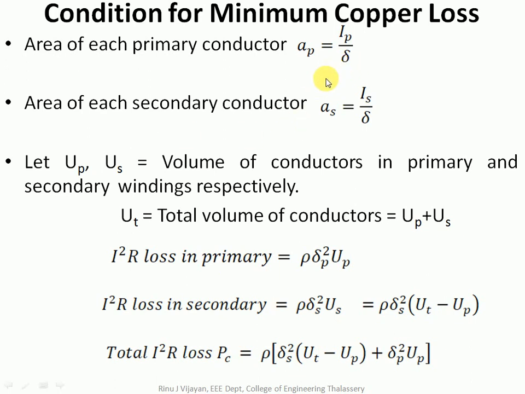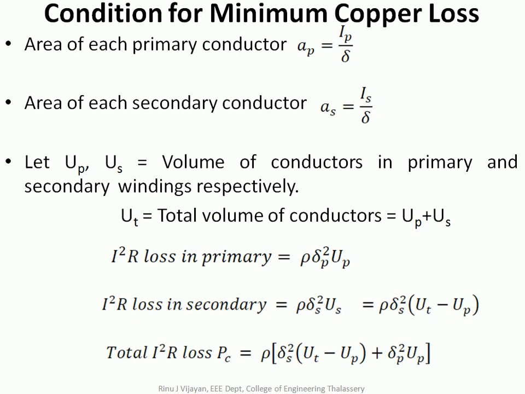When you are substituting IP as del AP, the relation gets further modified into the form del AP the whole square into R. And for that value of R, you have to substitute in terms of rho L by A. So the relation for R in the case of primary winding is rho LP divided by AP. So now the relation of this I square R in the primary side is modified into the form del AP the whole square into rho LP by AP.